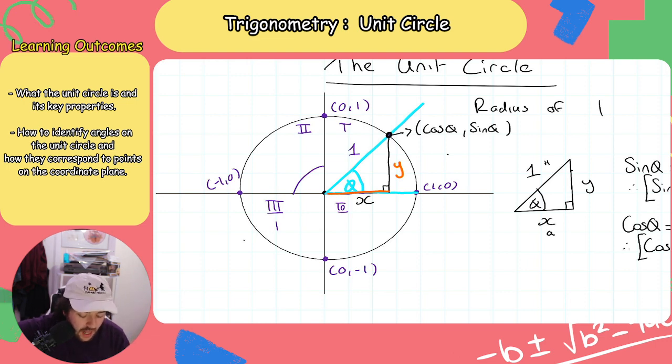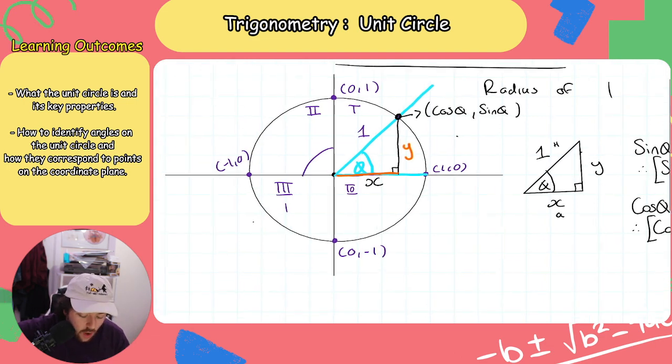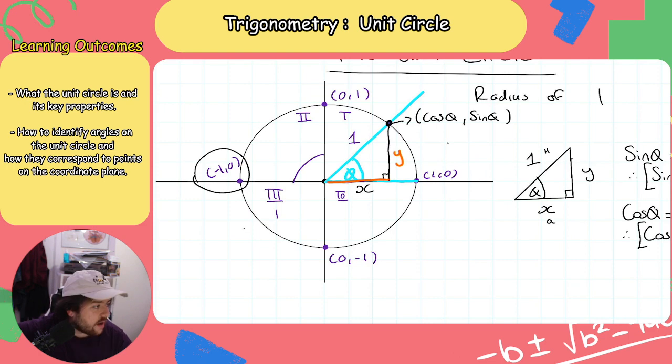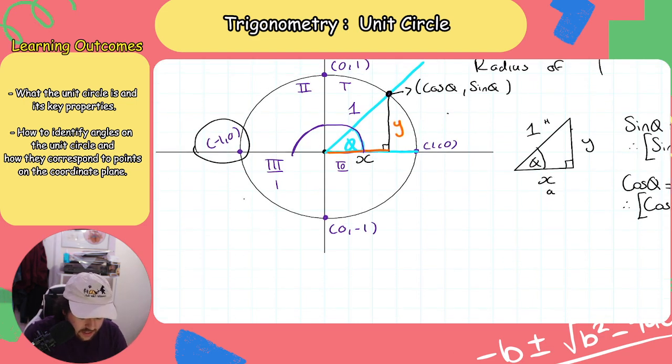So let's test out this hypothesis. I'm going to test out this point here, the minus 1, 0. I know at this point my angle is going to equal 180 degrees because it's on a flat line. So I have cos 180 and sine 180.